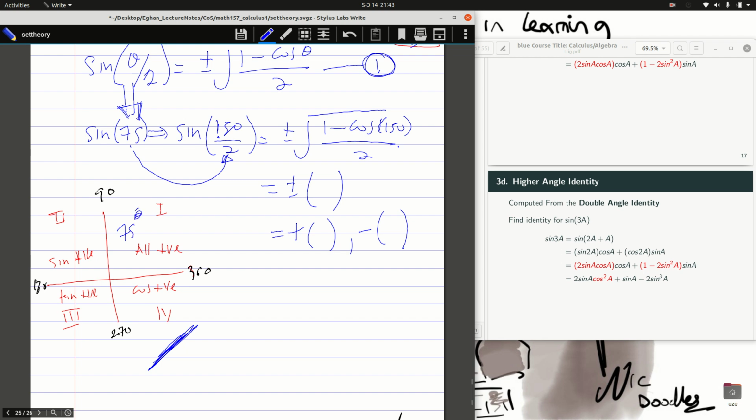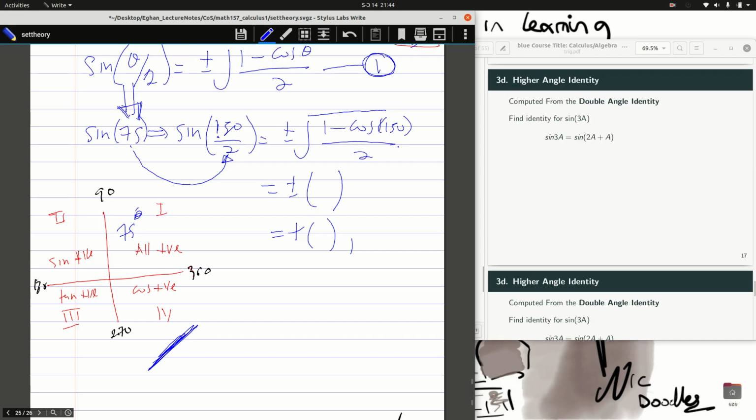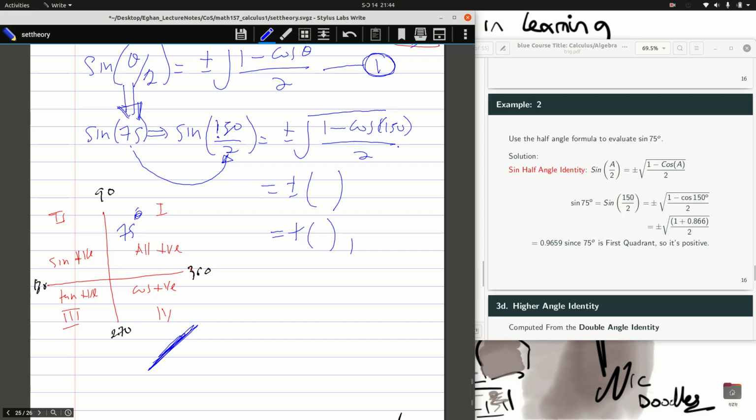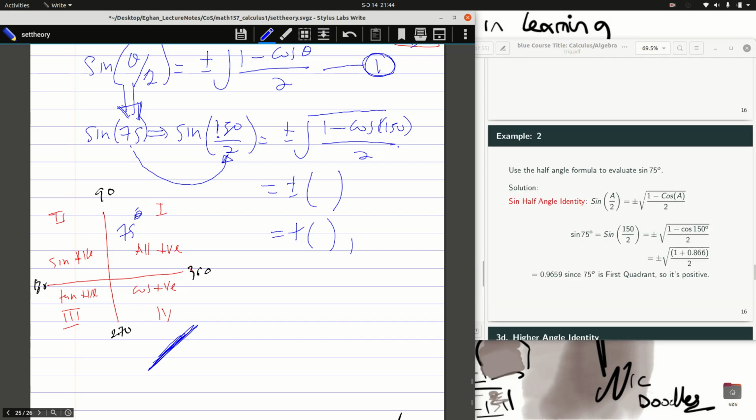It means it's in the first quadrant and all are positive, so I wouldn't need the negative answer. I'll need a positive answer for this. So I think in my slide I didn't get the final. I said it will be 0.965 since it is in the first quadrant and all are positive.